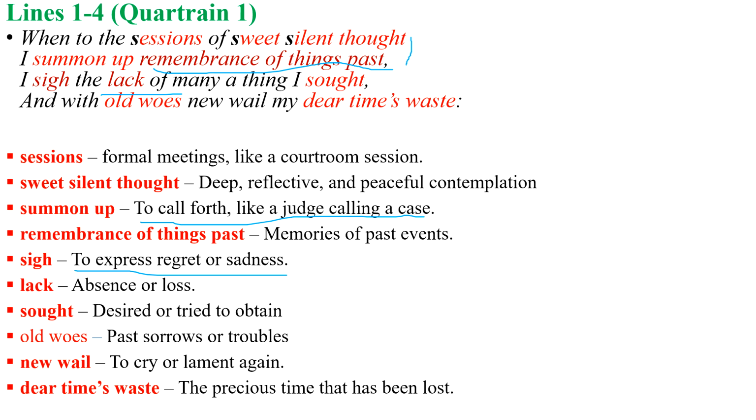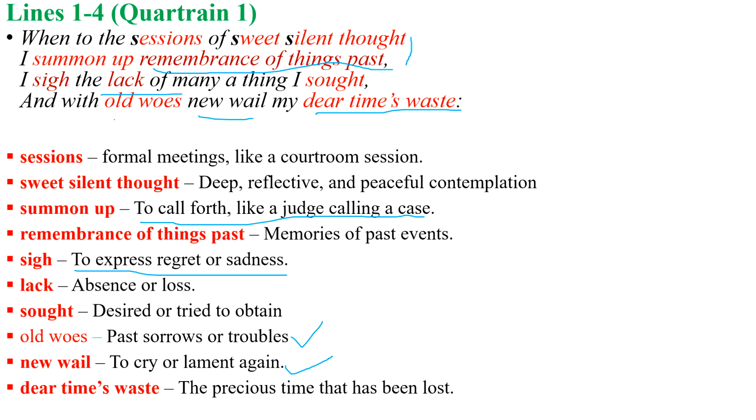Thing I sought, and with old woes new wail my dear time's waste. Old woes: past sorrows. New wail: lamenting again, so to cry again. Here the phrase dear time's waste suggests a painful awareness of how precious time has been lost.